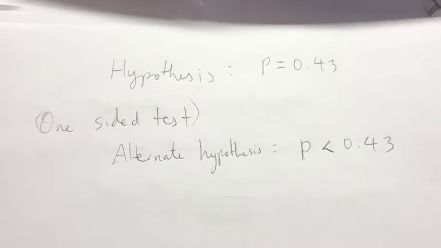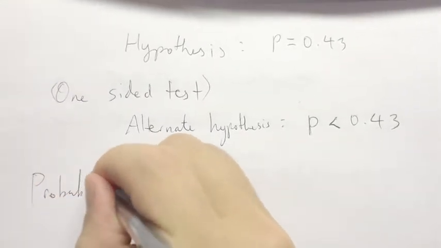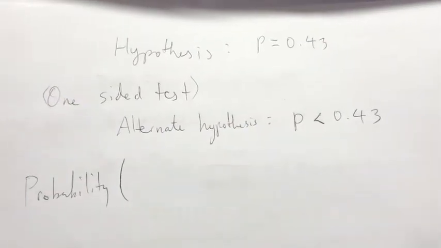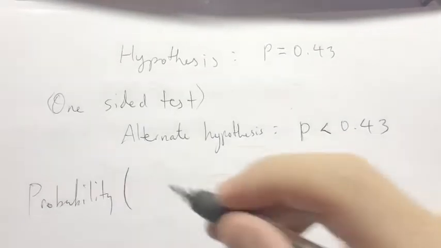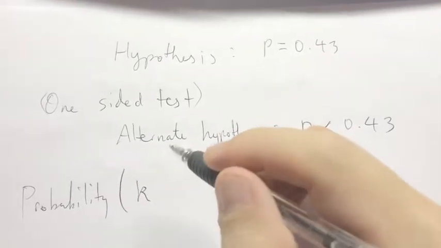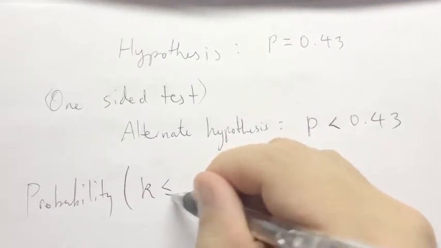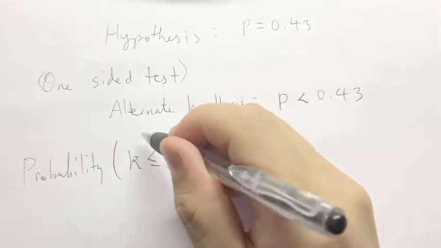And we want to test the probability of making 34 baskets or less. So K less than or equal to 34. Let K be the number of baskets made.